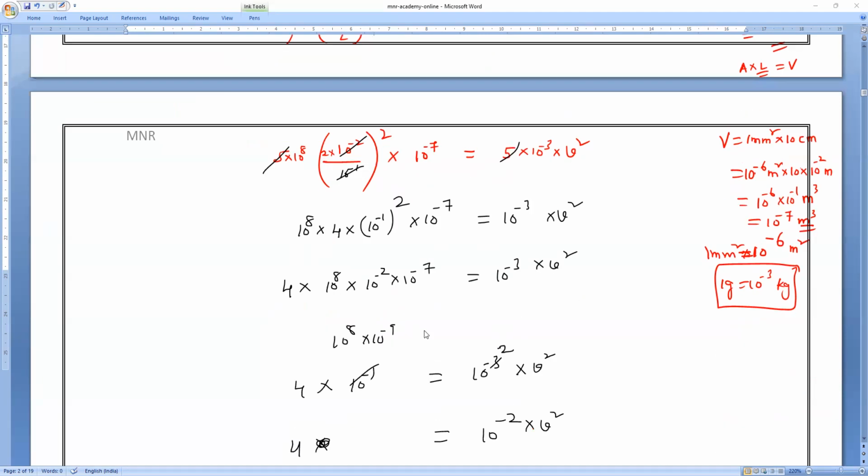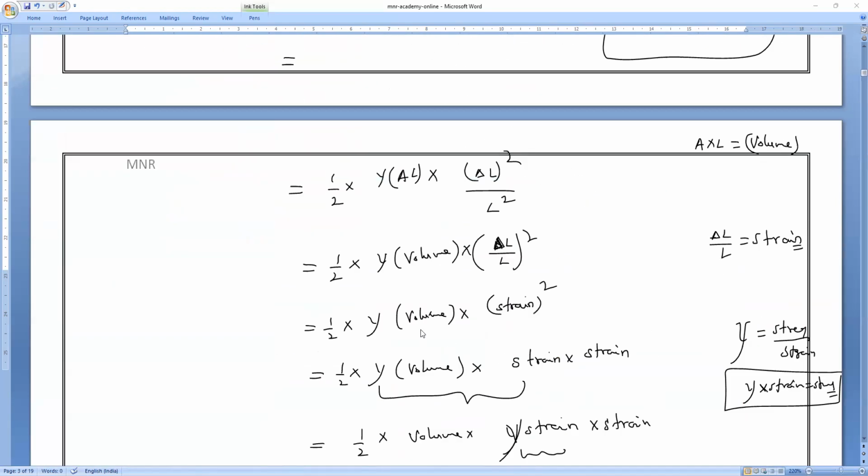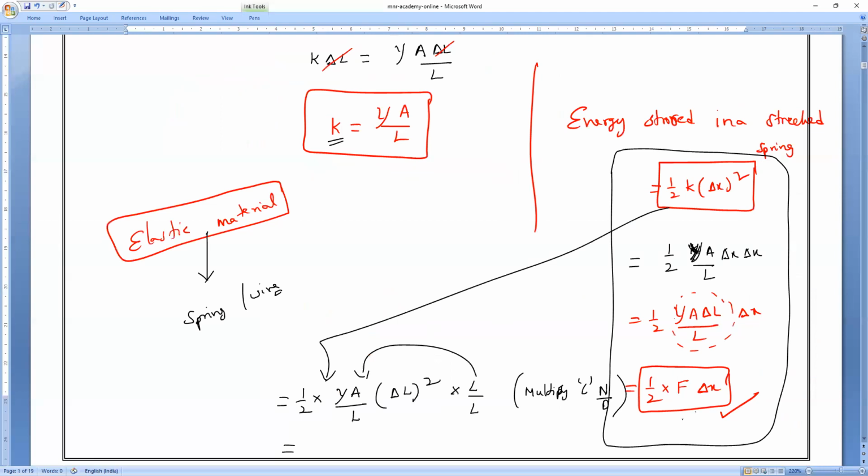Now, the same question you can solve in another way. Anybody can try. I will give you the clue also. With the help of the formula, you can solve that. Try it and we will do it.